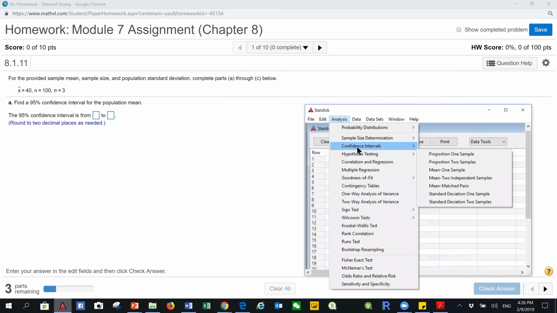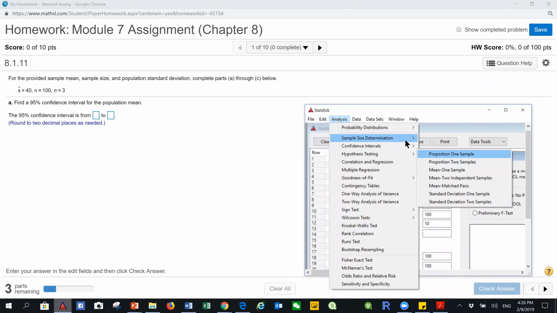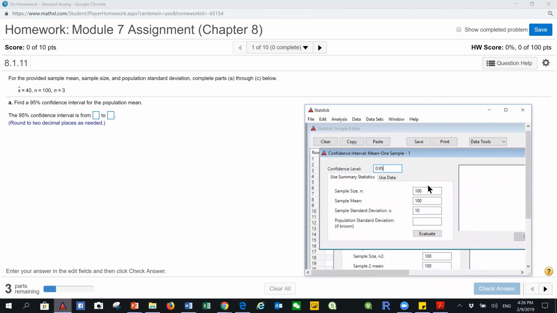For analysis, confidence interval, and here, obviously, when X bar is given, you know you are estimating the population mean, but you only have one sample mean. So the target is mean, one sample. You plug in 95, N of 100, mean 40, sigma, right here, and click evaluate, and you get the answer right away.